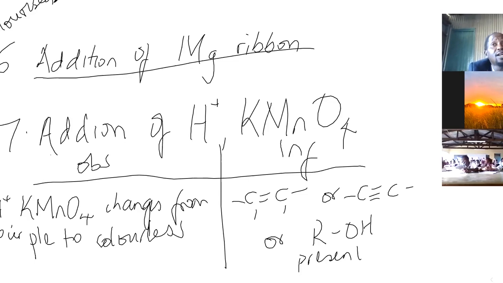It can even form a black color if it was not well acidified, because instead of forming manganese 2 ions, it could form other oxides of manganese, which are brown, manganese 3 oxide, or which are black, manganese 4 oxide. So in case it gives any other color, never record that color or that observation. Simply know it was not well acidified, and probably inform your teacher or lab technician so that you can be given one which gives those results.